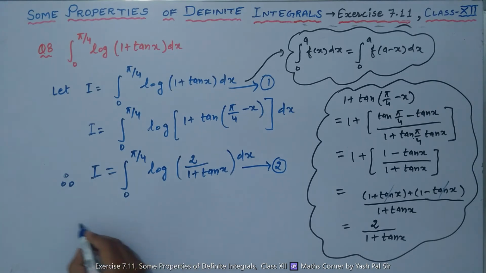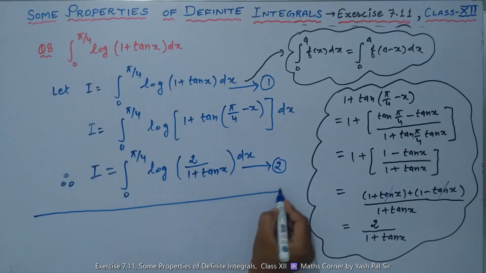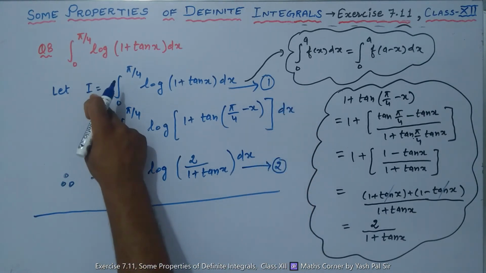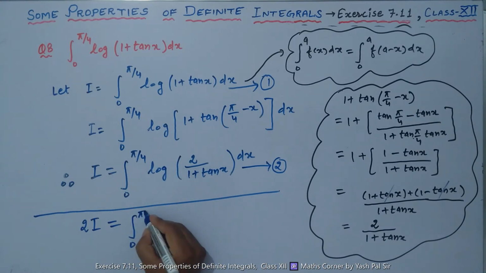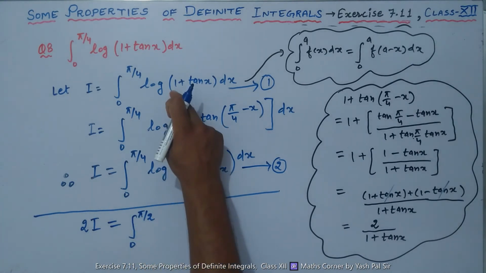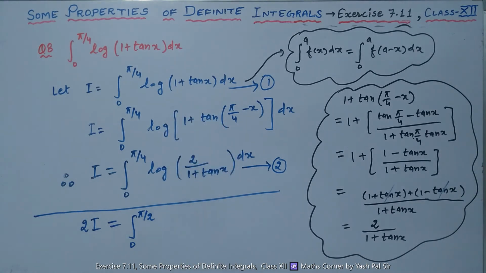Now the same process, adding equation 1 and 2, I plus I becomes 2I, integral 0 to pi by 4, the limit is same, log m plus log n means log m into n.